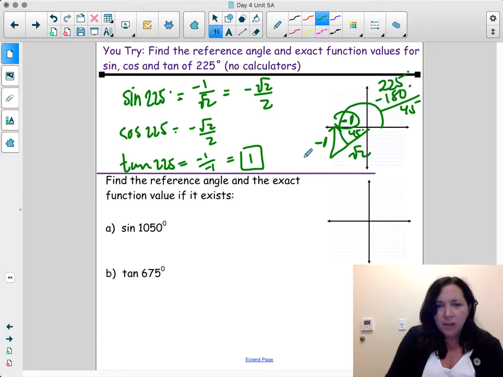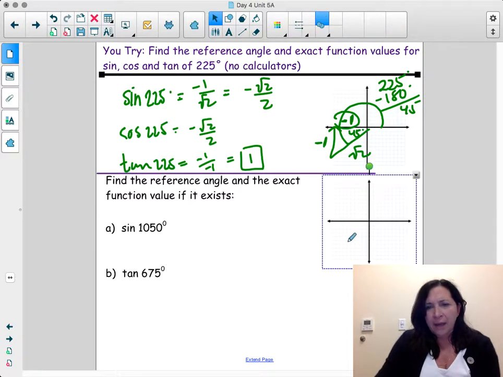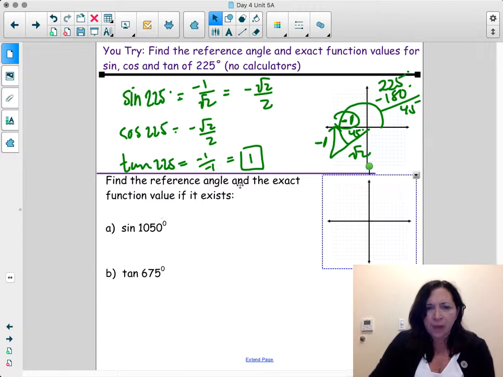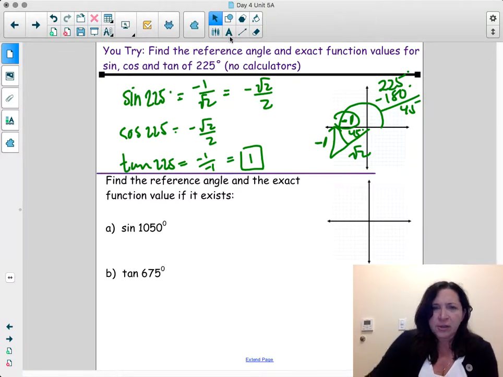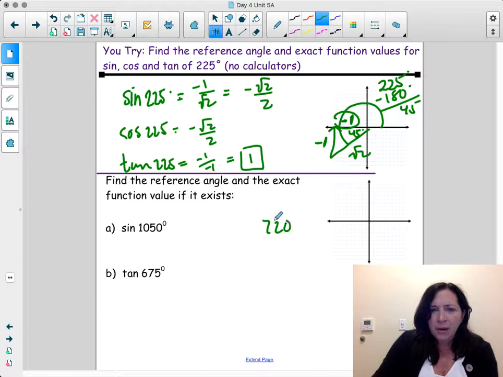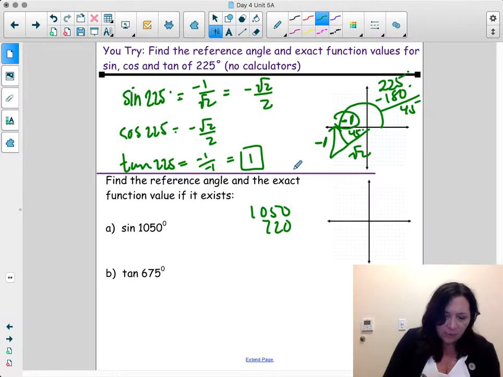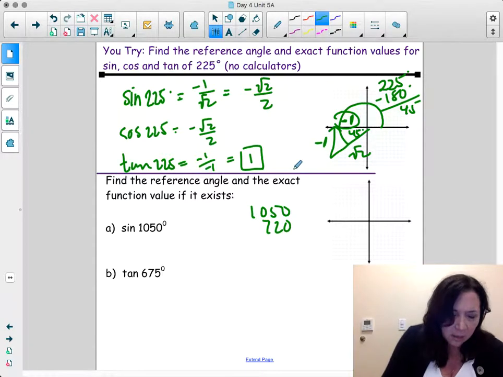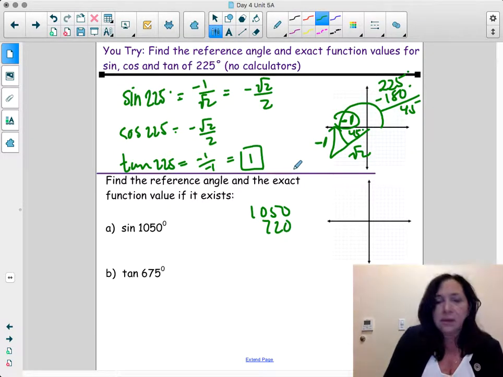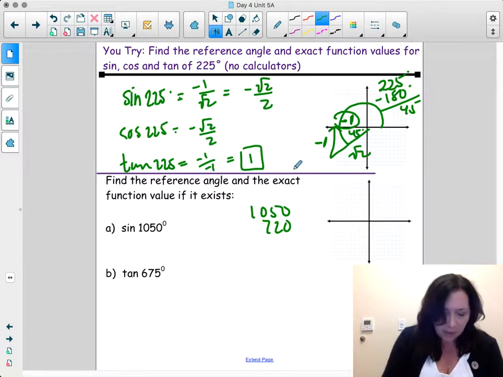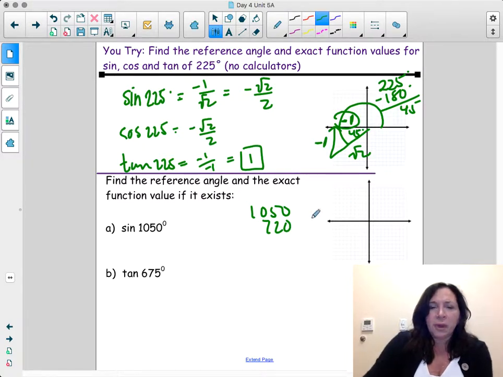So twice around the unit circle, 2 times around is 720 degrees, right? So what's 1050 minus 720? That's 330.